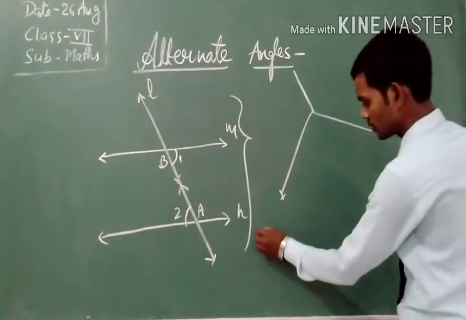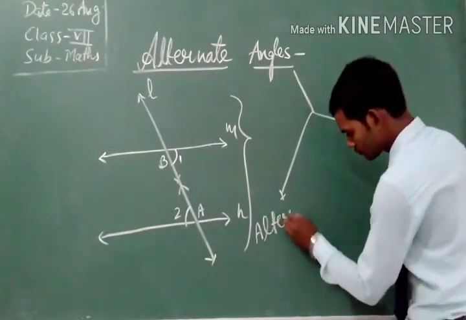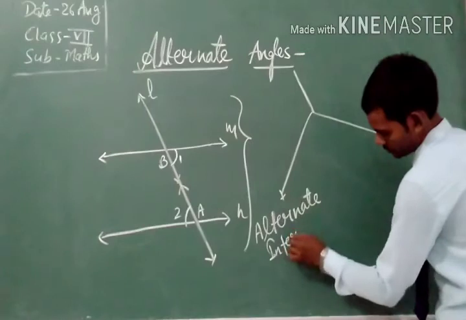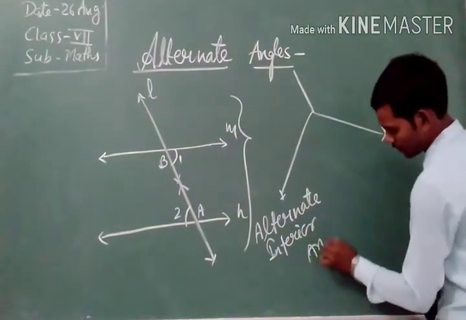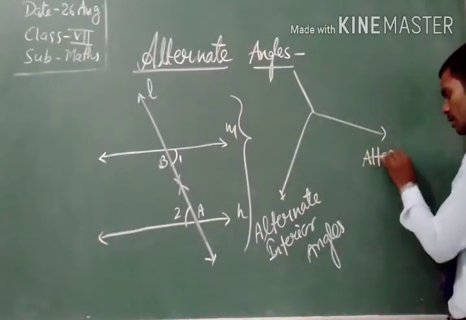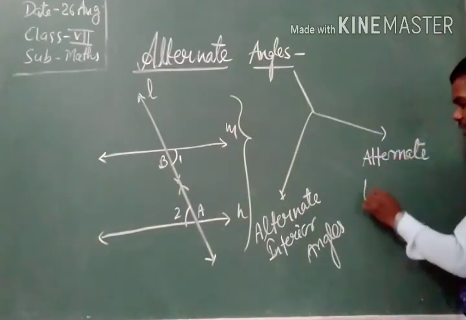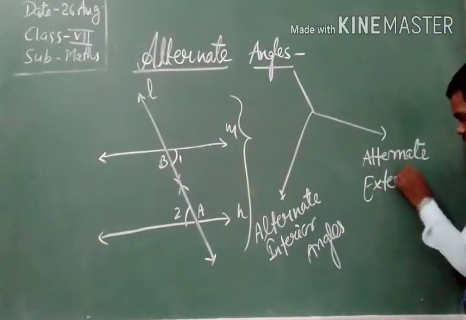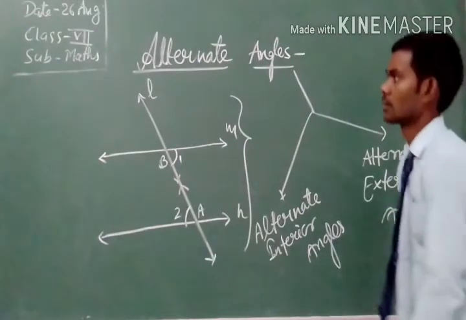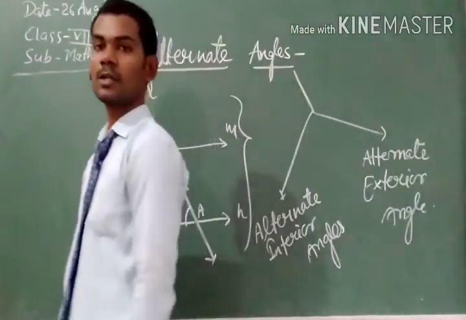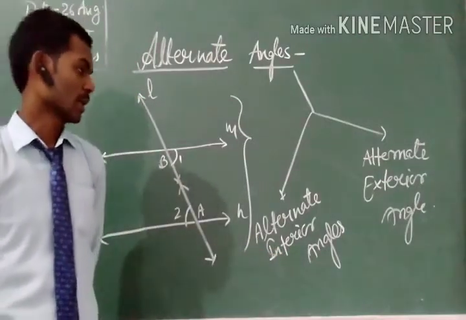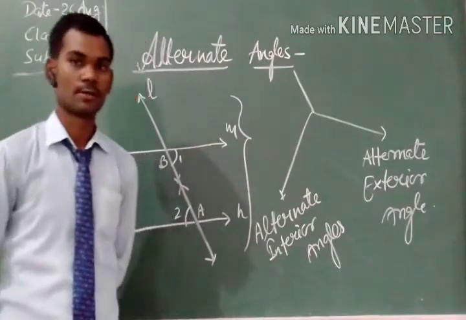The first part is known as alternate interior angle, and the second is alternate exterior angle. So there are two types of alternate angle, in which one is alternate interior angle and the second one is alternate exterior angle.